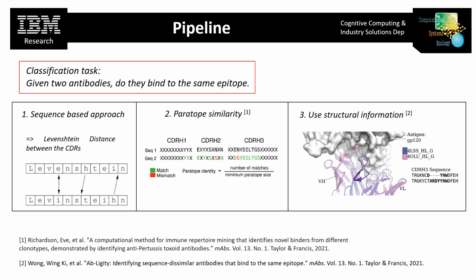Finally, you can use structural information. You can infer the structure from the sequence, which works decently well for CDRs, except for the CDR3 of the heavy chain, and look at the conformation of these loops and see how they match each other. Methods 2 and 3 are already described in the literature, and the first one can be used as a baseline.